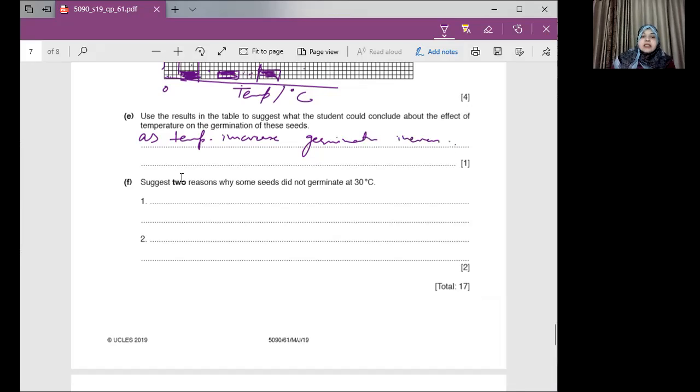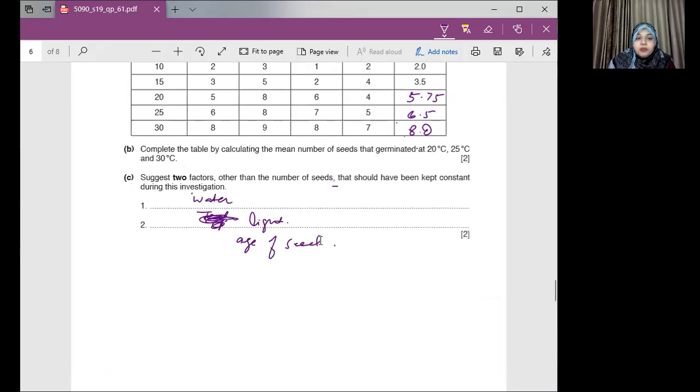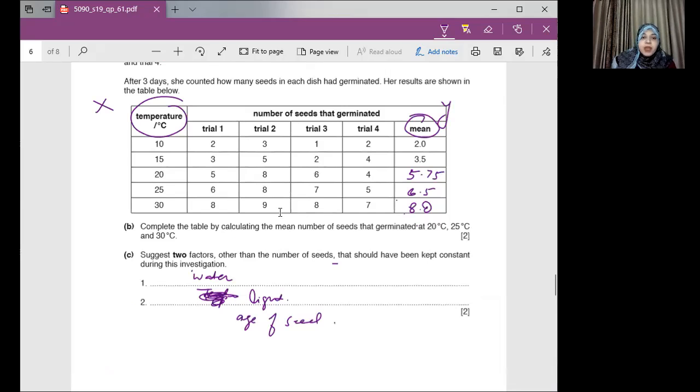Suggest 2 reasons why some seeds did not germinate at 30. Go back to this one. Here we are observing that out of 10, 8 seeds germinated, out of 10, 9, out of 10, 8, out of 10, 7 seeds germinated.